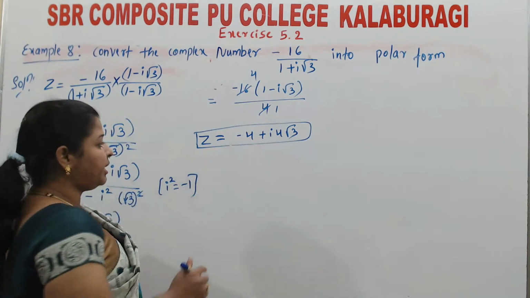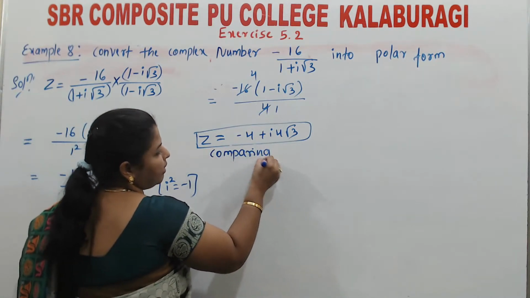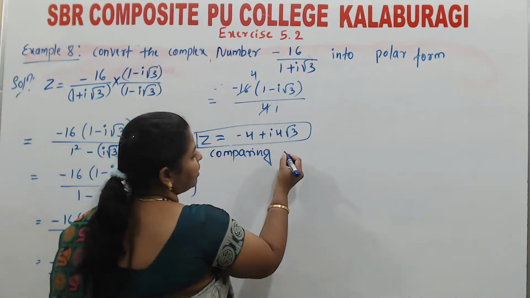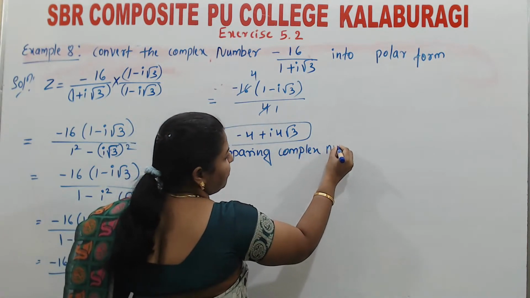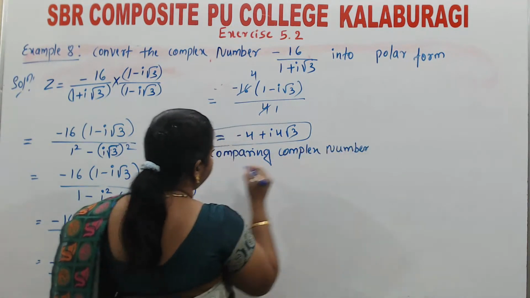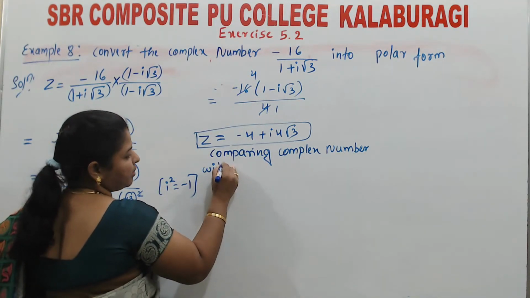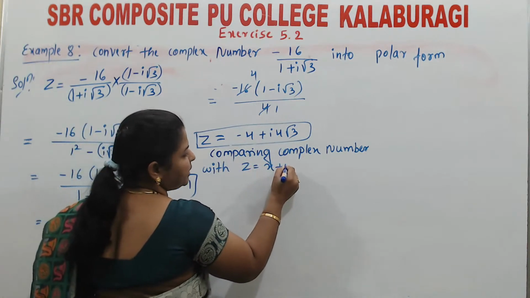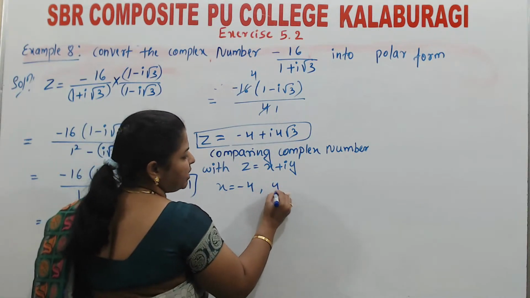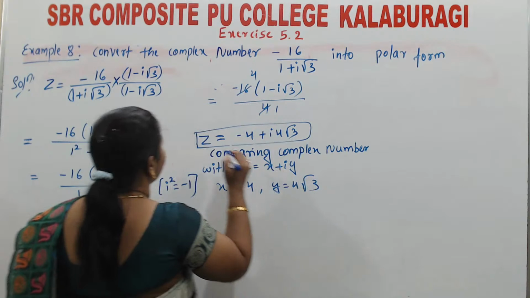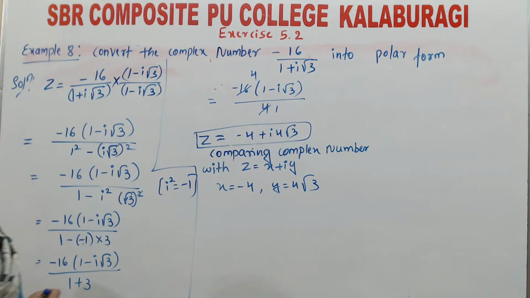Comparing this complex number with z is equal to x plus iy, what is our x? x is equal to minus 4 and y is equal to 4 root 3.